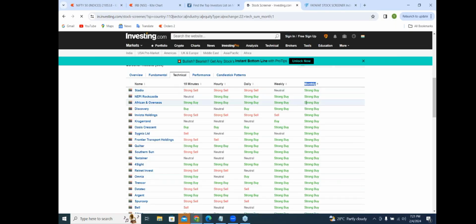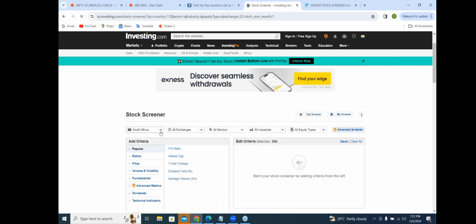So do we have strong buy in all the, just a minute. So 400 billion is the market cap.